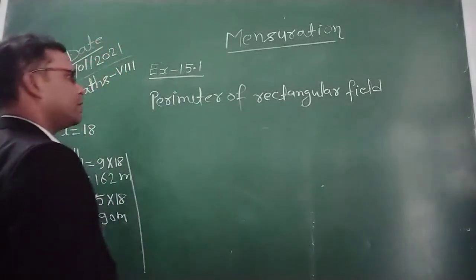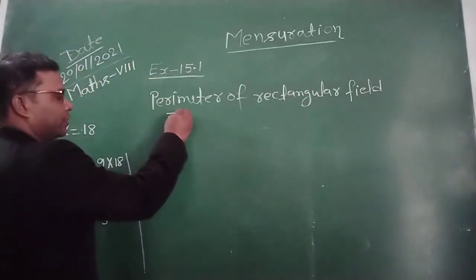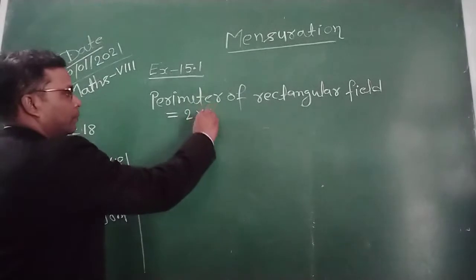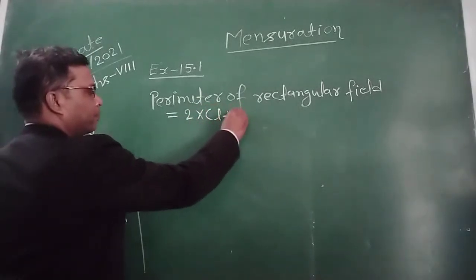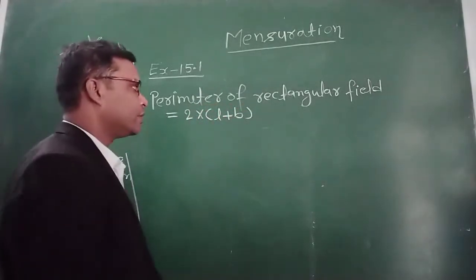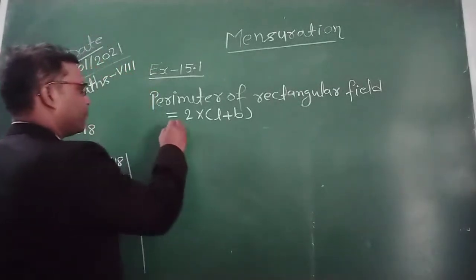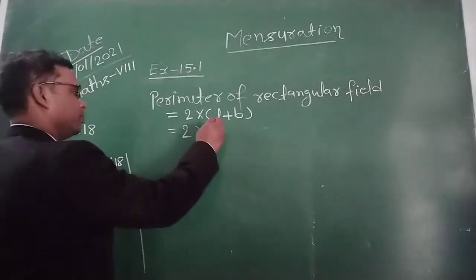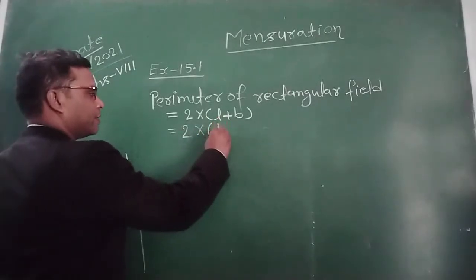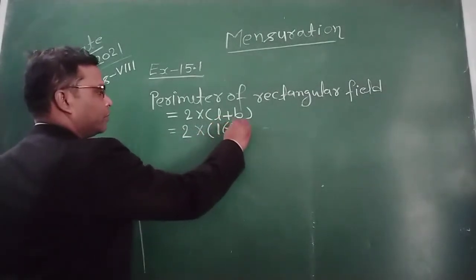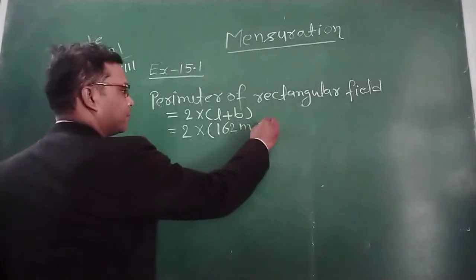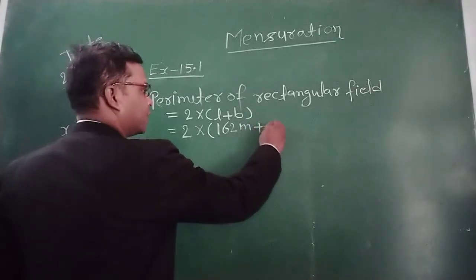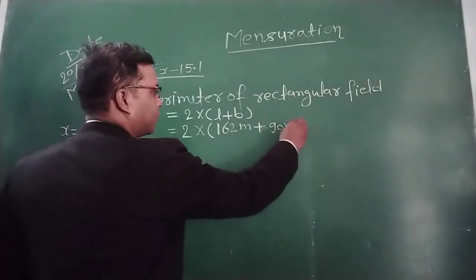Perimeter of rectangular field is equal to what? It is equal to 2 into (length plus breadth). Here length we found 162 meter plus breadth we found 90 meter.